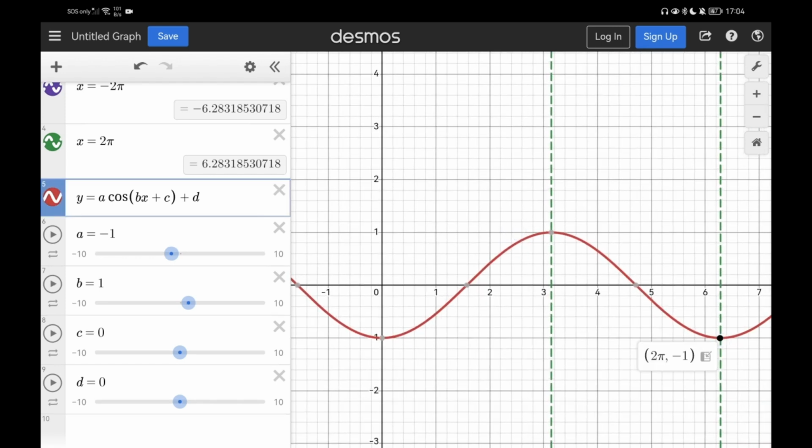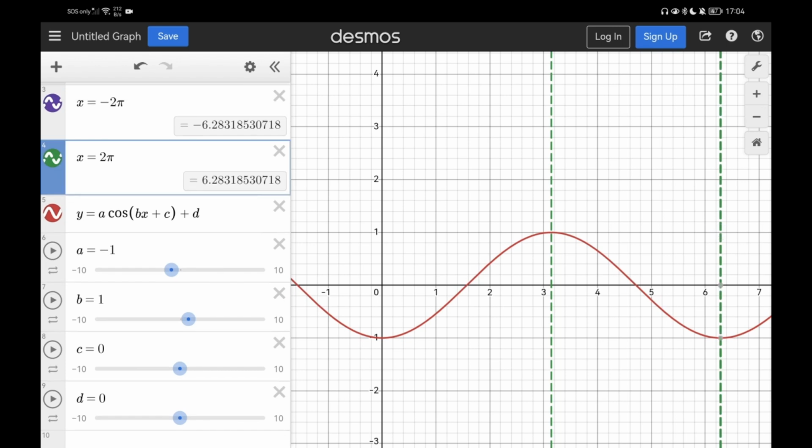Originally, for an ordinary cosine graph, the complete cycle places at the coordinate of 2 pi, 1. It changes its y coordinate to -1. As you can see, the 3 turning points for the cosine function graphs of functions.